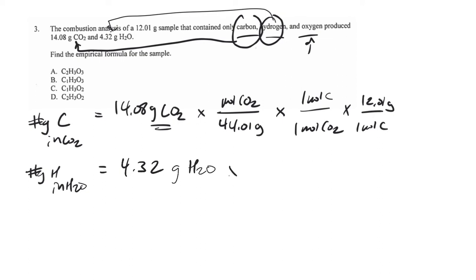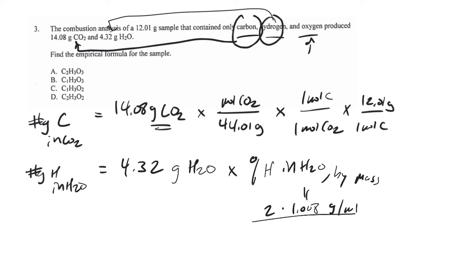And how I showed this before is, if you want to know the mass of just hydrogen in water, we know the percent H equation. We know how to calculate the percent H in a compound. Just multiply the mass times the percent by mass of the element in the compound. So all we really need to do is multiply this by the percent H by mass in water. And we know that this is equal to 2 times the 1.008 molar mass of hydrogen, divided by the molar mass of water.